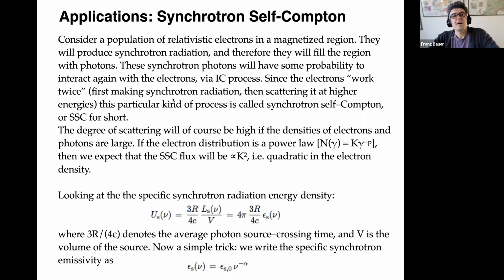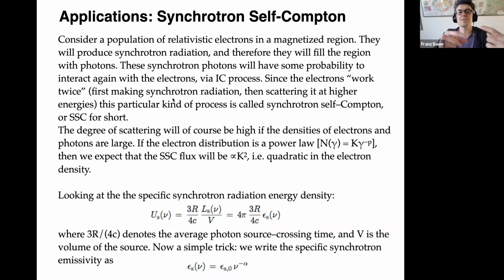Okay. So that's basically all Rybicki and Lightman have to say on this. One very important extra item here is dealing with synchrotron self-Compton. And so here we have a population of electrons in a magnetized region. It's generating synchrotron radiation. The electrons are relativistic. The photons might be in a regime where the cross-section for Compton scattering is not 0.